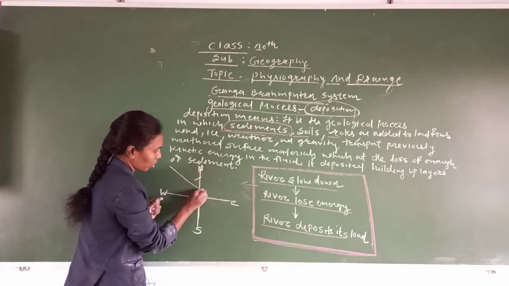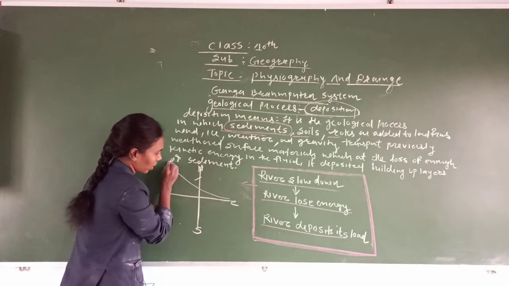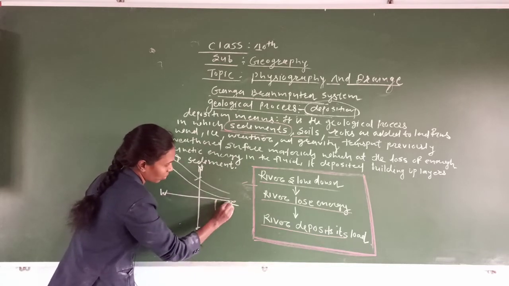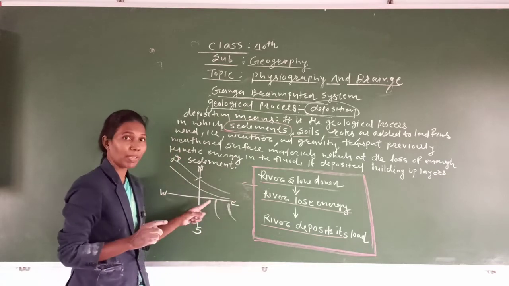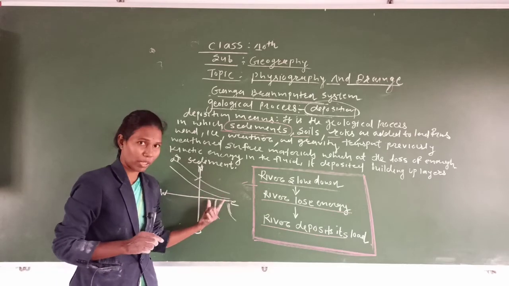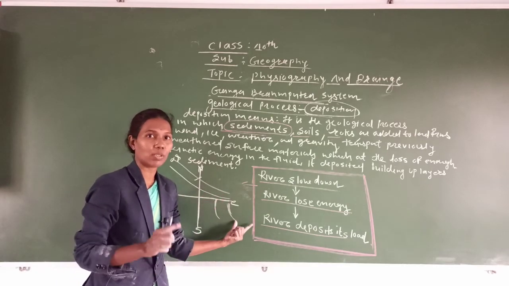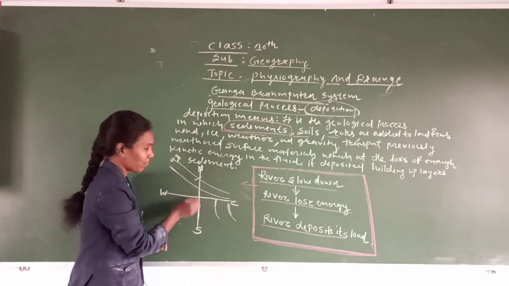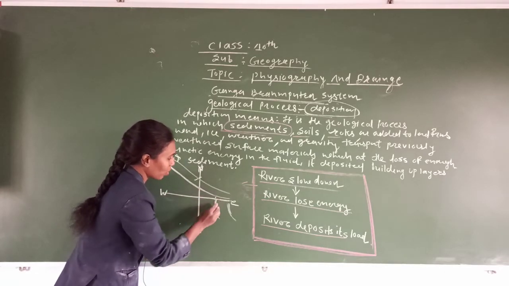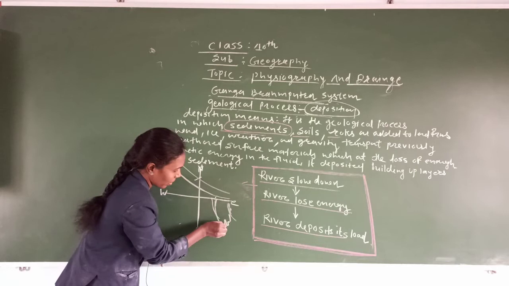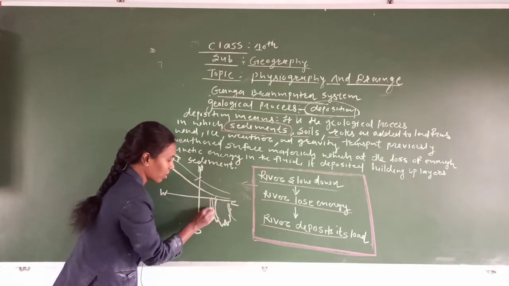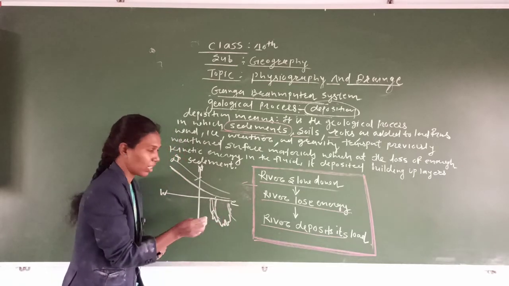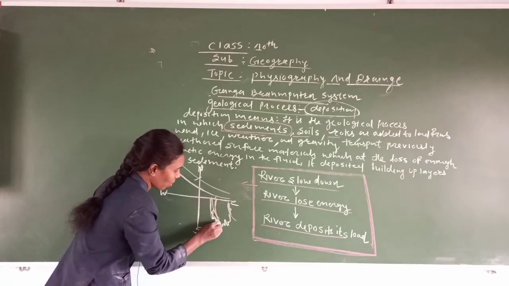While this portion goes in this way, this portion also comes in this way. In the map of India we can see that beside West Bengal the Sundarban delta is shown. You can see it in your book, in green color. In this way the Sundarban delta is formed.